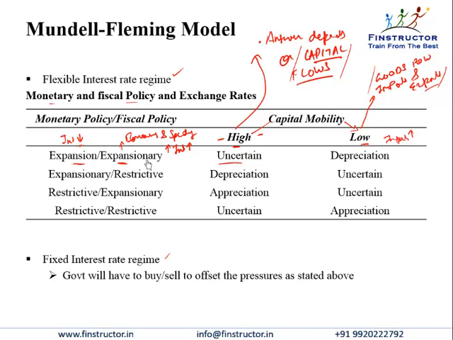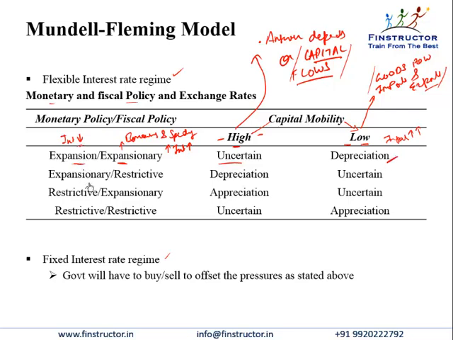Expansionary fiscal policy also means that people have a lot of money in their hands, tax rates are low, so we will be purchasing and spending, we'll be buying goods, we'll be traveling abroad, we'll be importing more. So under both scenarios, our imports increase. Capital flows are not relevant with low capital mobility. So if our imports are increasing, the currency will depreciate.